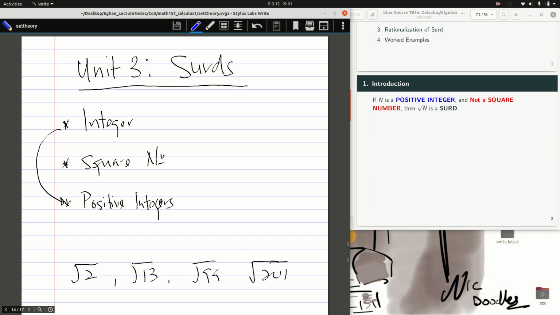We want to know what a set is. If you look at the definition I have in my slide 2, it says if n is a positive integer and the same n is not a square number, then the square root of the n is a set. It feels like a lot, but there are some keywords we want to look at for an integer.